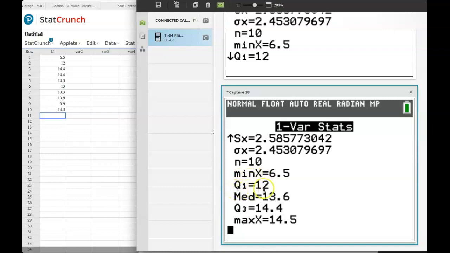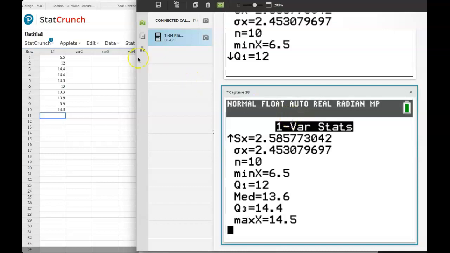Q1, the median of the first half, is 12. Our median or Q2 is 13.6. And these are in percent because our data was in percent. Q3 is equal to 14.4%, and max is 14.5%. So this was using the TI-84.